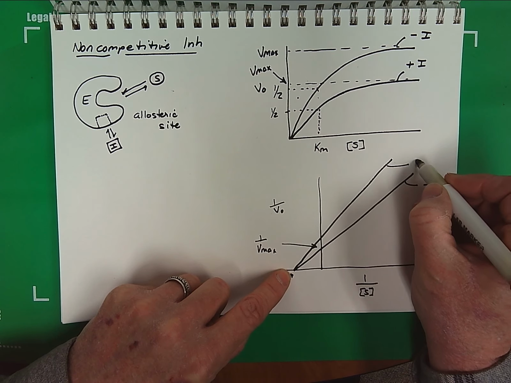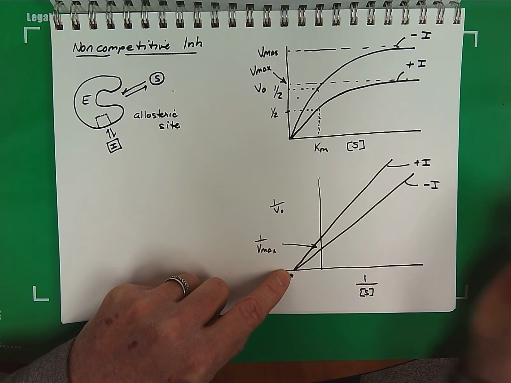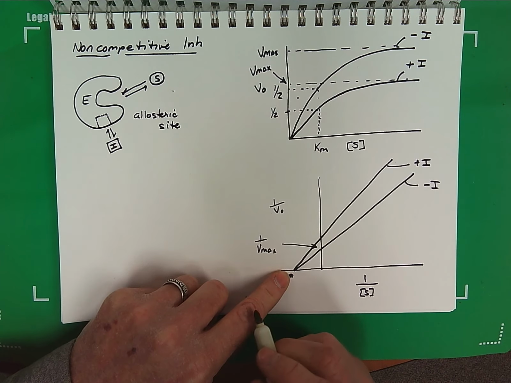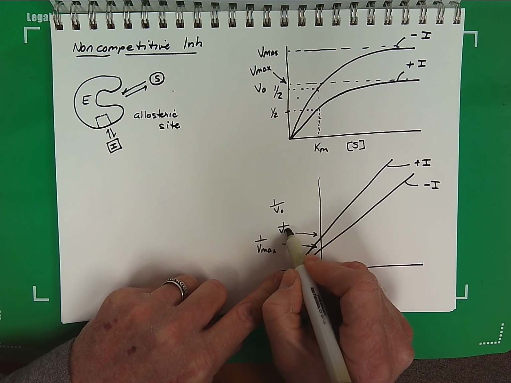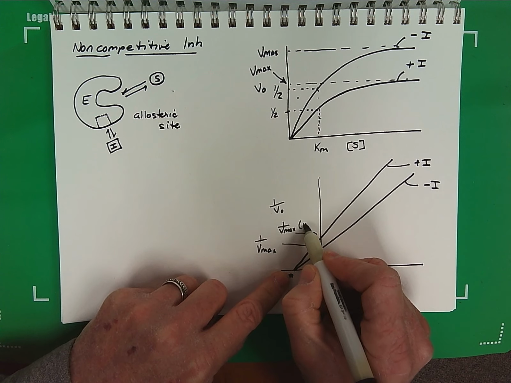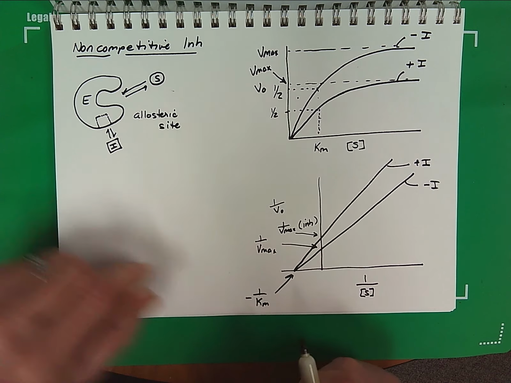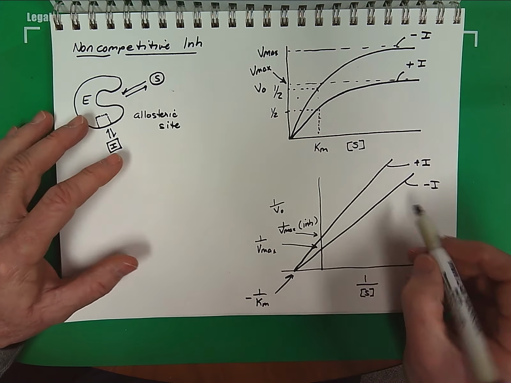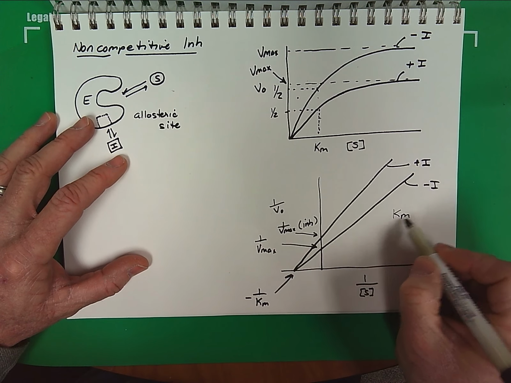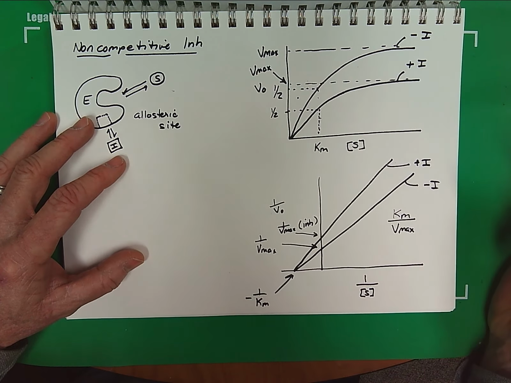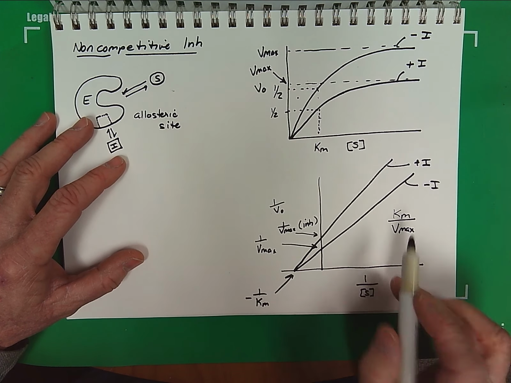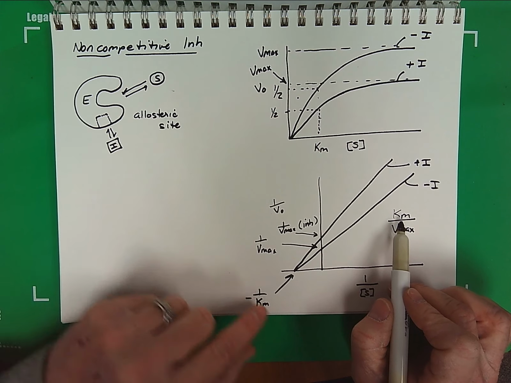So this line would be plus inhibitor. And then this would be the 1/Vmax for the inhibitor present. If we examine the slopes of these lines, again, Km/Vmax, what we notice is the Km is not changing.